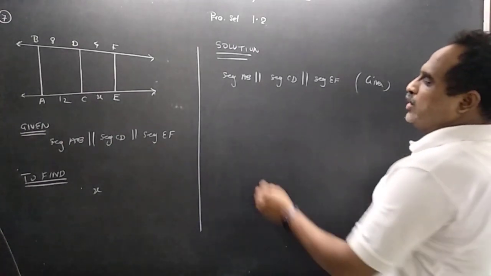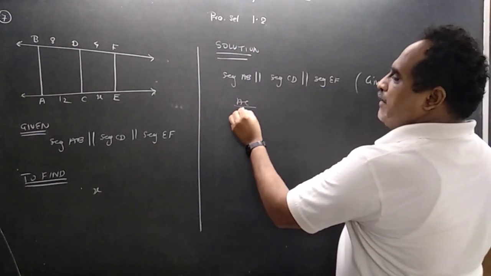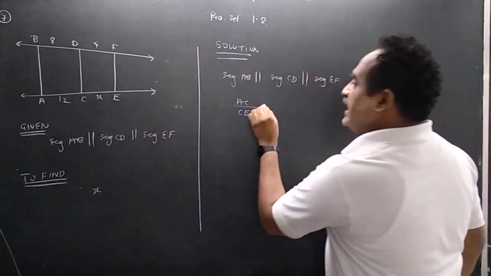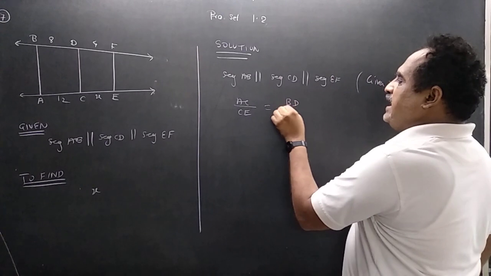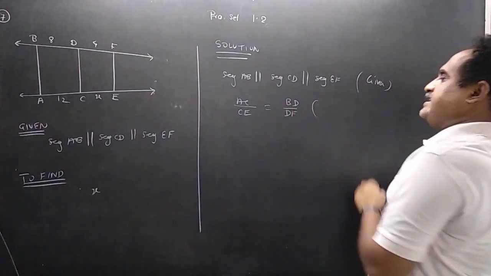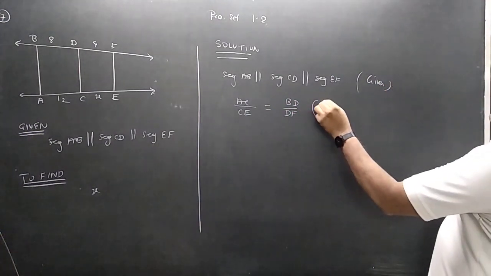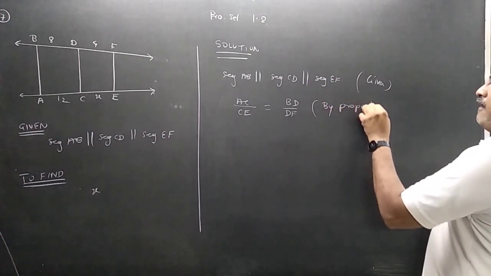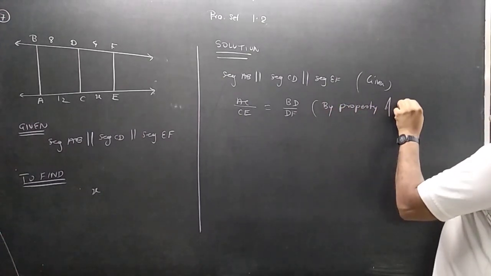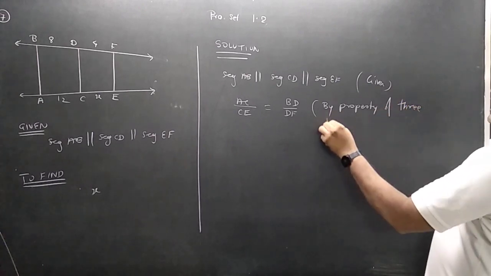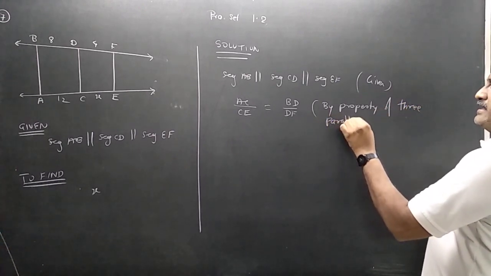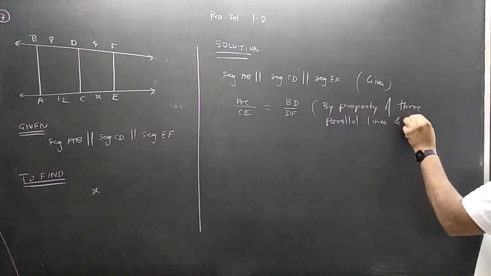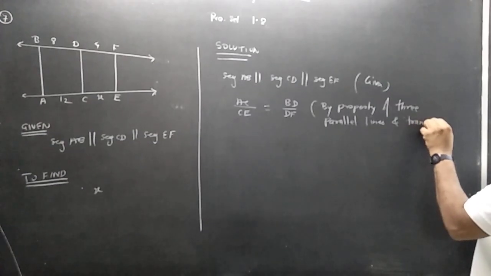So what I can do is AC upon CE is equal to BD upon DF. The reason for this is by property of three parallel lines and transversals.